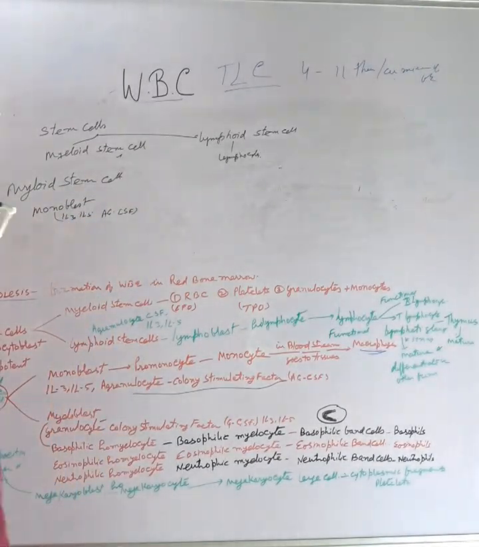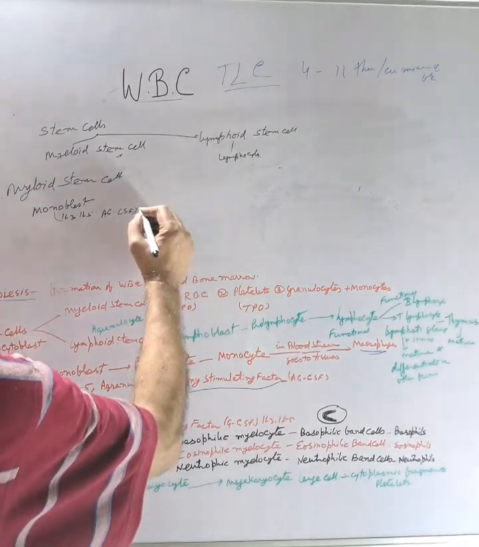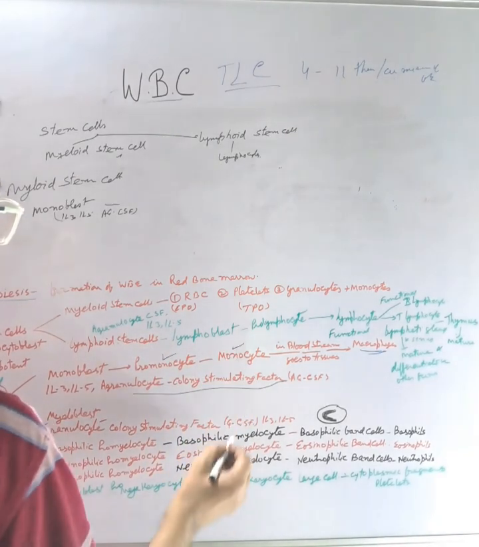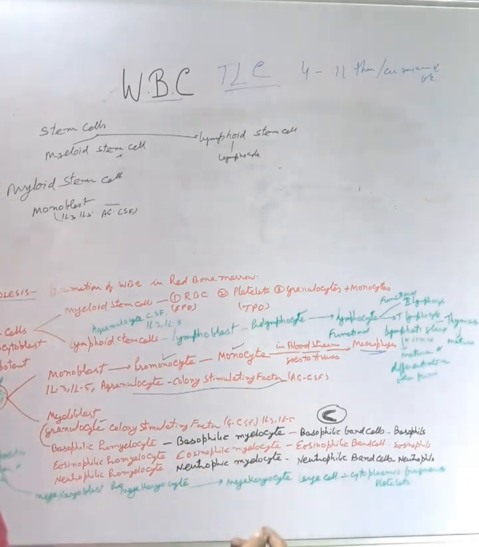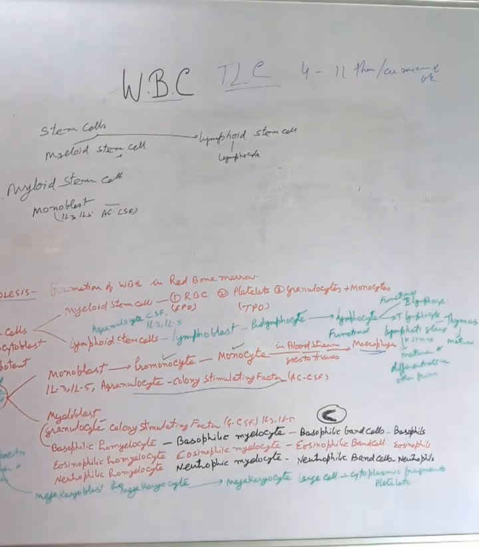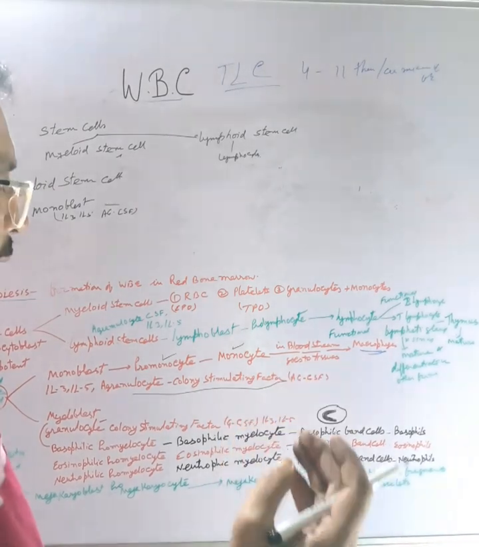This will cause formation of monoblast to promonocyte, then monocyte, and this monocyte will come into the bloodstream, from where it will migrate to the tissues, and in tissues it forms macrophage. When it goes into the CNS, it becomes microglia.